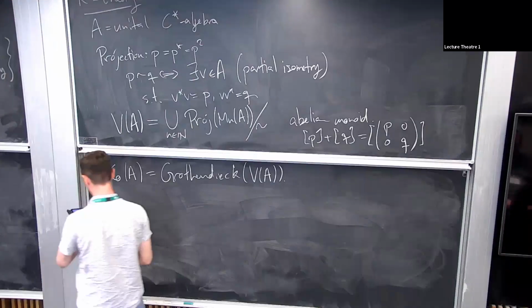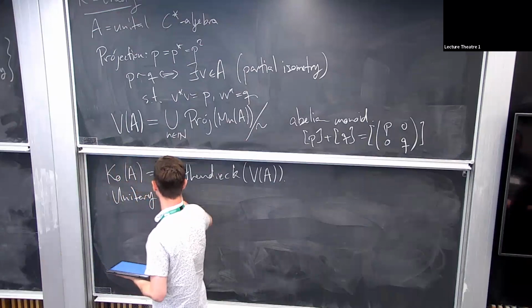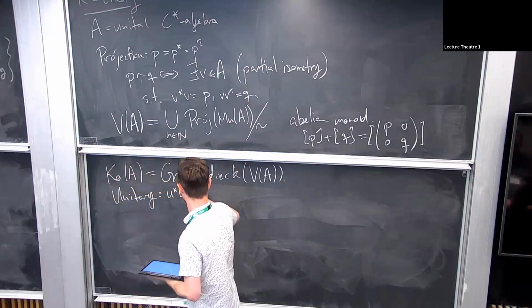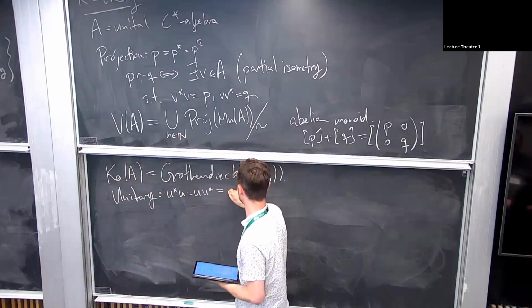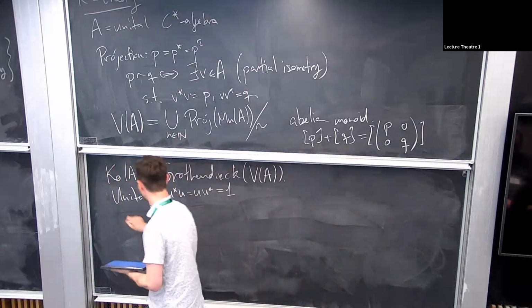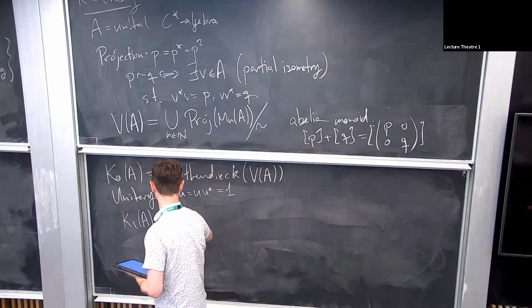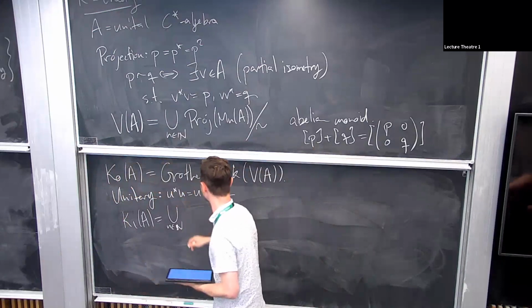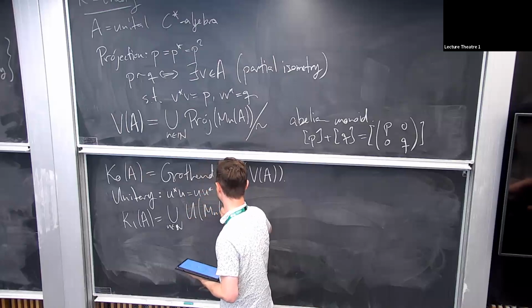So for K1, we consider unitaries, and a unitary is of course just an element U such that U star U equals U U star equals 1. And K1 of the C-star algebra is just, you take again a union over matrices, and then you look at the unitaries inside of the n by n matrices again.